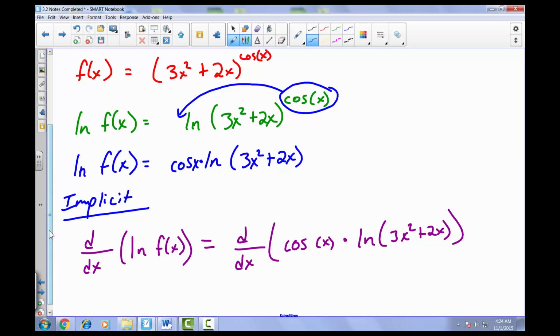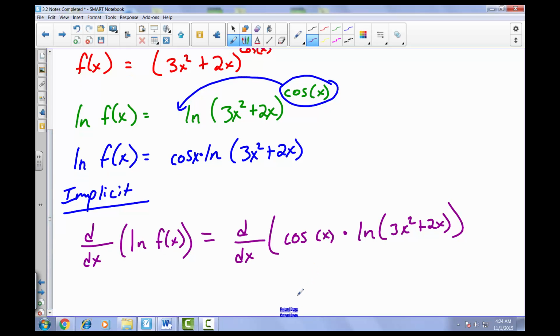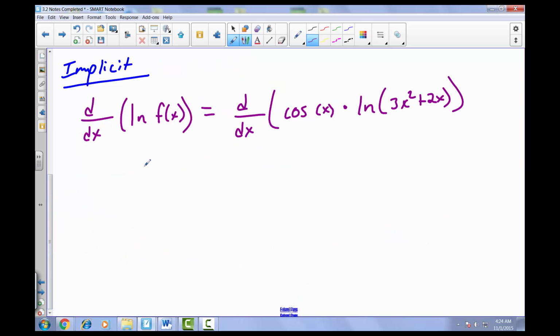So there we haven't actually taken the derivative. We were just saying that we are about to go ahead and take that derivative. Now, when we're talking about implicit differentiation, again, we just took the derivative on both sides. Let's just for a moment focus on this left side.